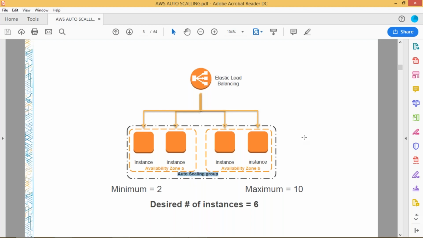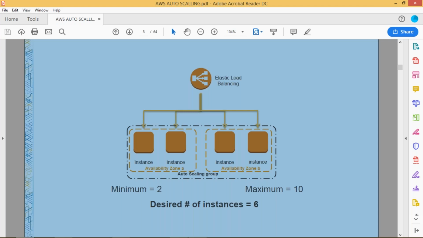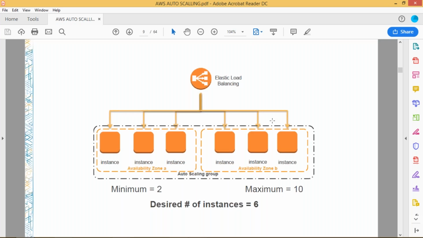The minimum requirement of instances is 2, and maximum you can go for any number. We can go for 2, and then go for 3 instances at the same time.